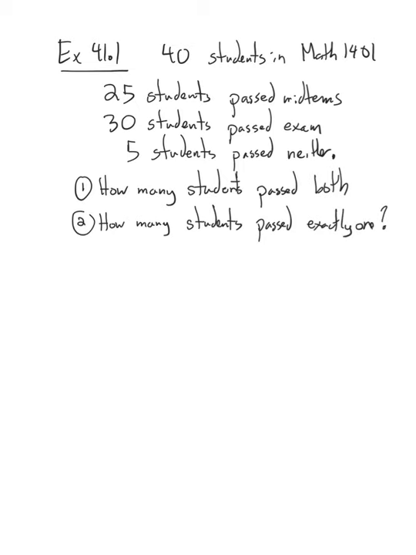Okay. So let's draw a Venn diagram, and let's put our information in here as much as we can. So again, the inclusion-exclusion is going to help us out.